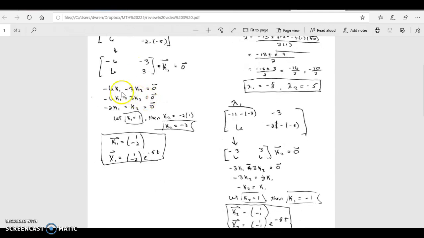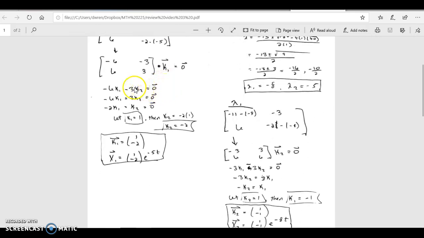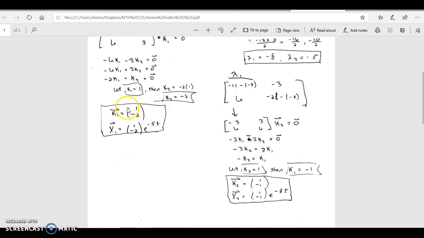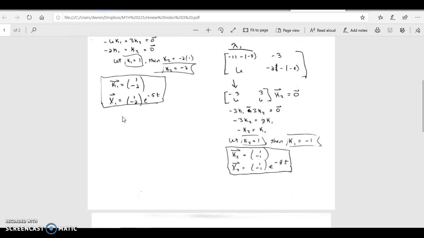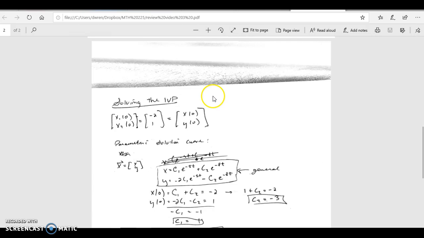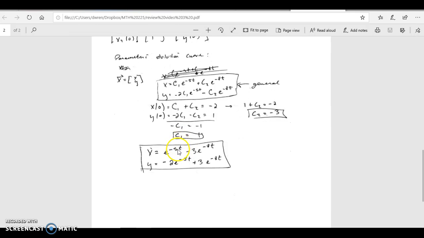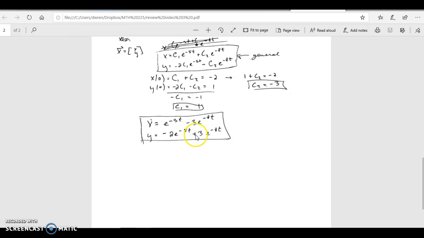Take the top row, multiply it through by the k vector, solve for k1 and k2, retrieve your k vector, and then get your x1 solution vector. Then repeat for the second lambda value. When you get to the initial value problem, you can get your general parametric solution curve. Substitute in your given initial conditions, solve for your c values, and then substitute them back in to get your final solution curve.